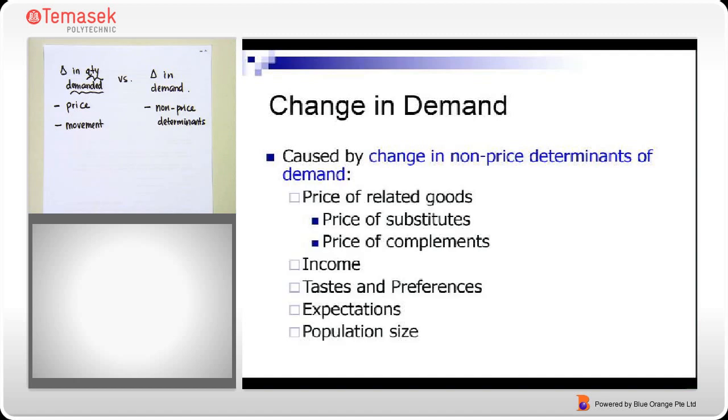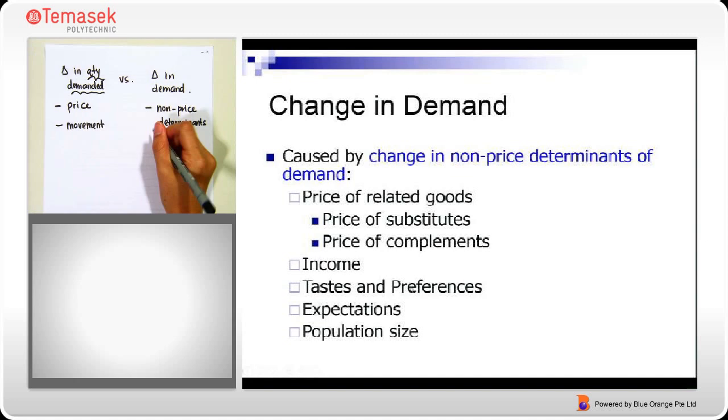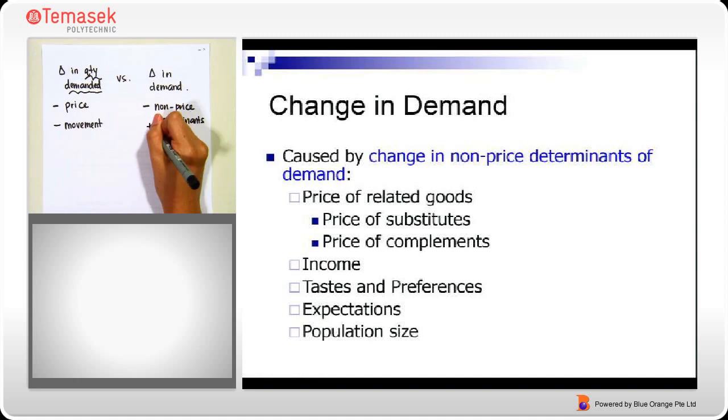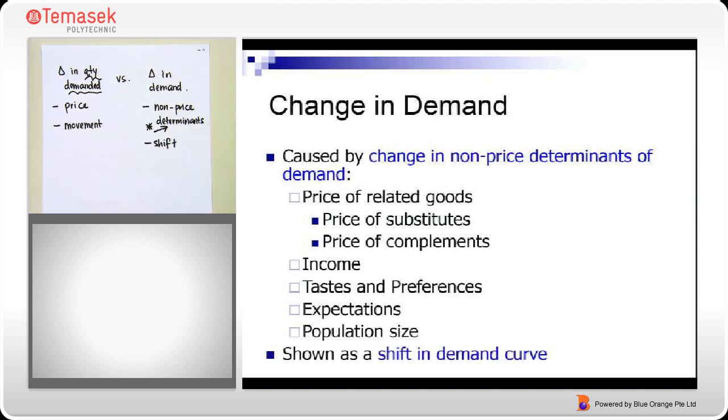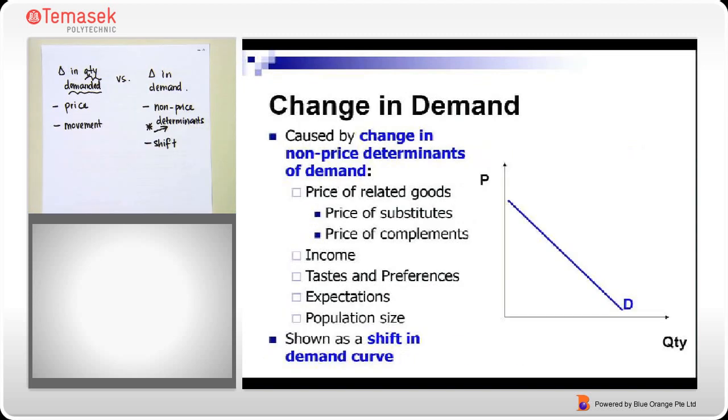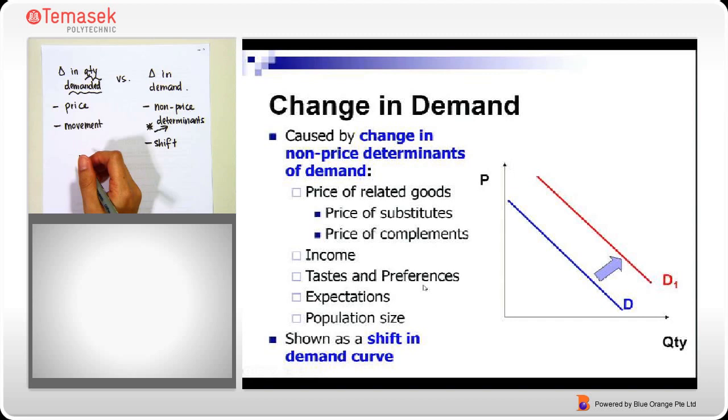And these are the list of non-price determinants, which means you are required to know all these non-price determinants, right? So it is important to know all the non-price determinants, and it results in a shift of the demand curve. So this is shown as a shift of the demand curve.